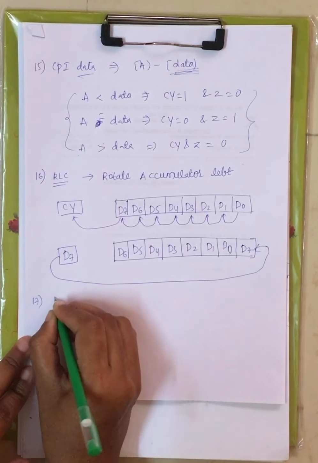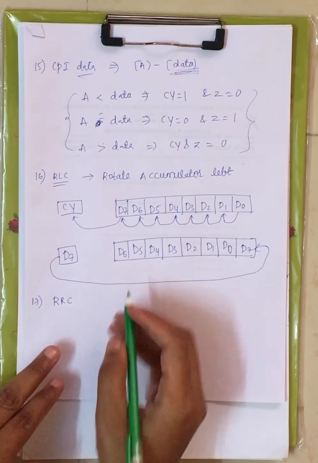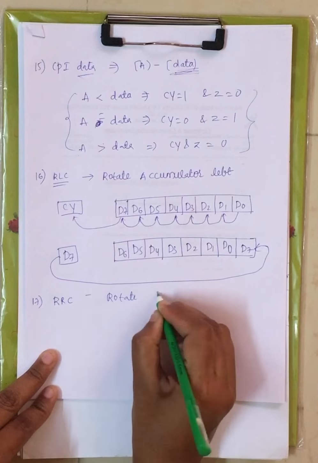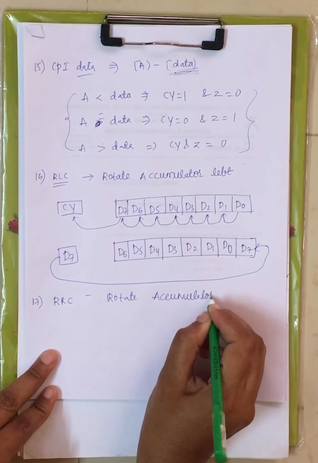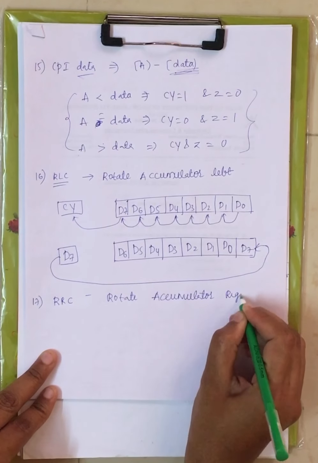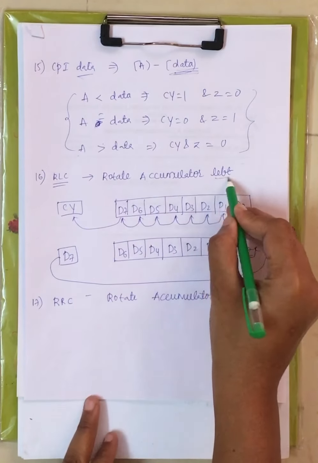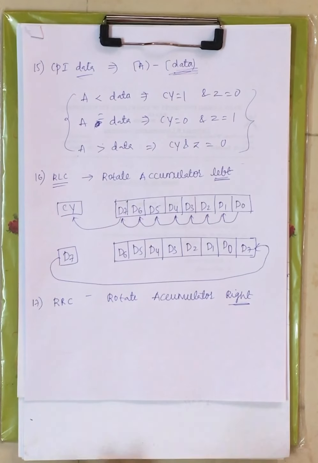Now coming to the RRC instruction, which is Rotate Accumulator Right. Using this instruction we can shift each bit by the adjacent right position. Here we were shifting each bit by adjacent left; here we are shifting each bit by adjacent right.